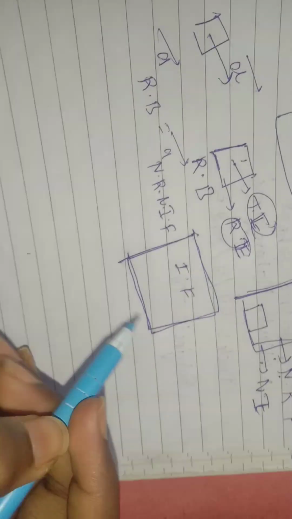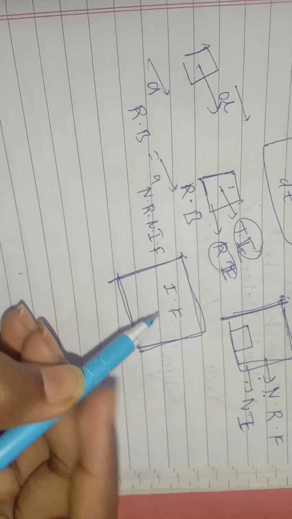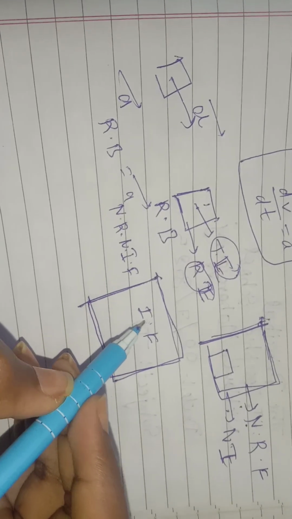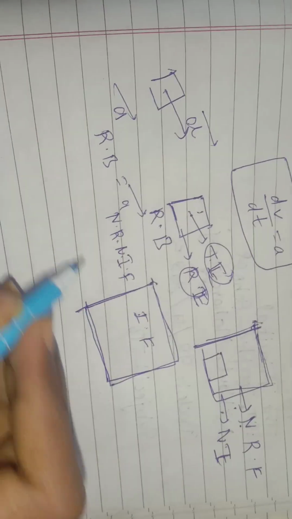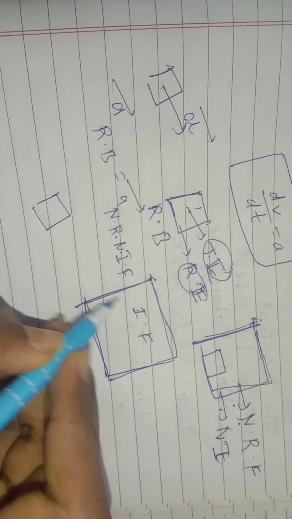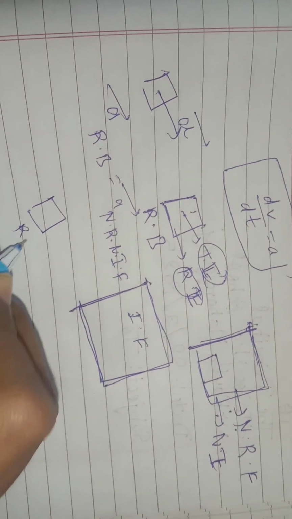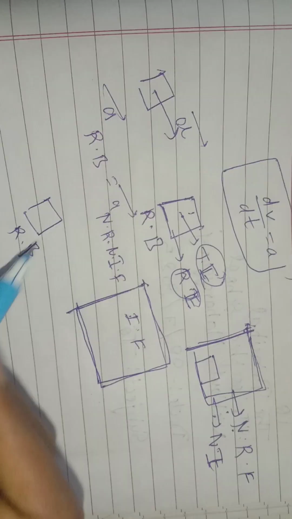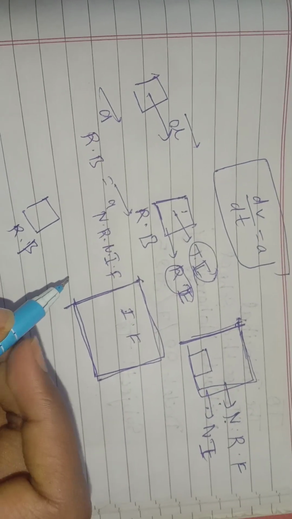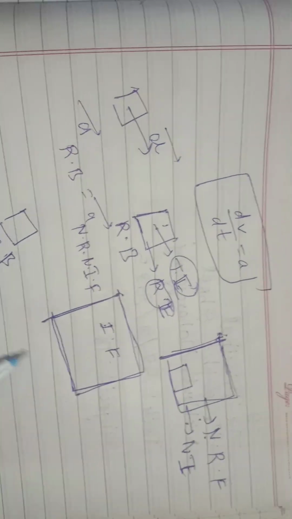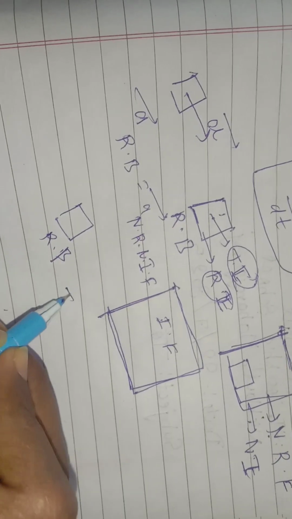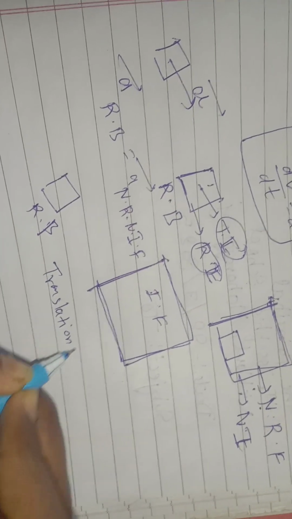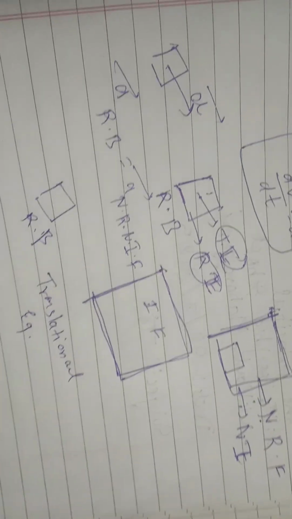So let's come to this part. Then there is the inertial frame. If we see this rigid body from this inertial frame, it will not be seen in translational equilibrium.